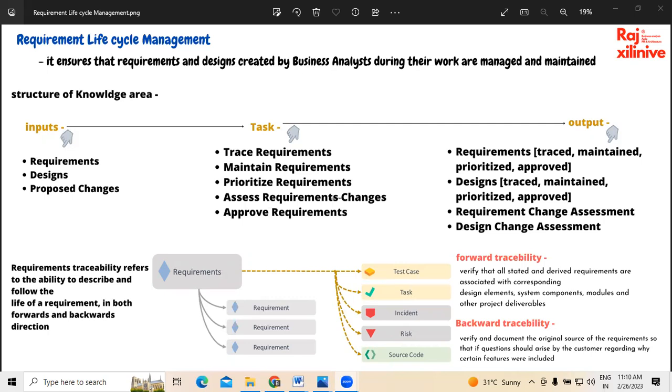The full form of PESTLE is as follows: P stands for political factors, the first one. Political factors means the policies as well as the decisions made through the political system, through the governments and all that.